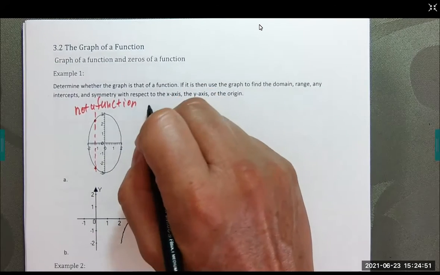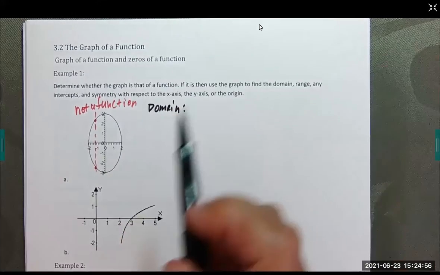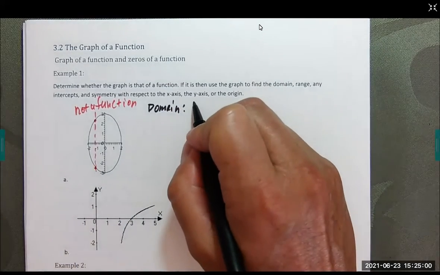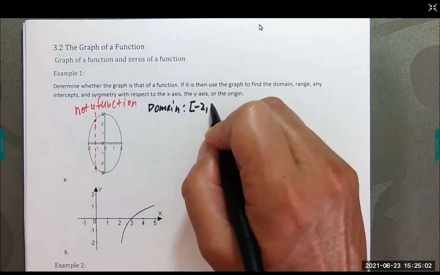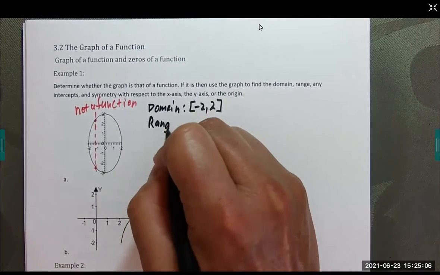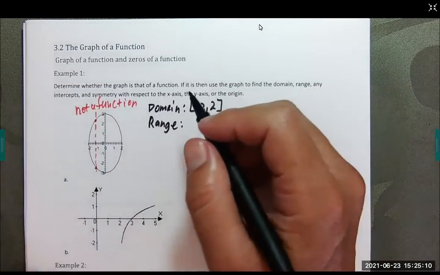The domain in this case is from -2 to 2. Remember, those are x values only. And we are including the endpoints. The range goes from -3 to +3, inclusive.